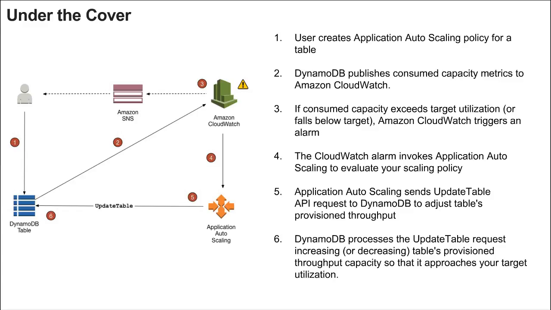And Application Auto Scaling essentially looks at the utilization percentage at that point in time, and depending on whether it is higher or lower than what was set by the customer, it is going to, on behalf of the customer, call the UpdateTable API to DynamoDB with the right amount of capacity throughput units.